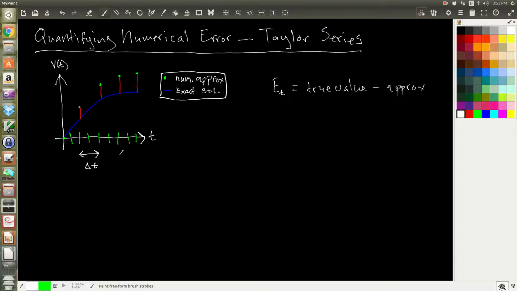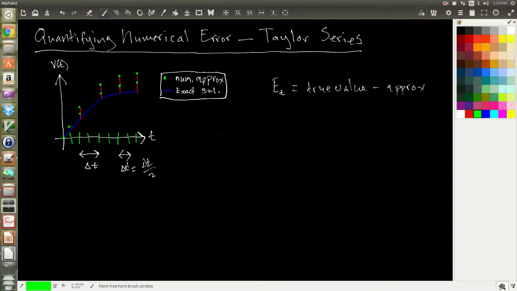So this is our new delta t value here, and I'll call it delta t prime, which is equal to our previous delta t over 2. If we did that, we found that our numerical solution fit much closer to the actual exact solution, and so the true error went down, got smaller.